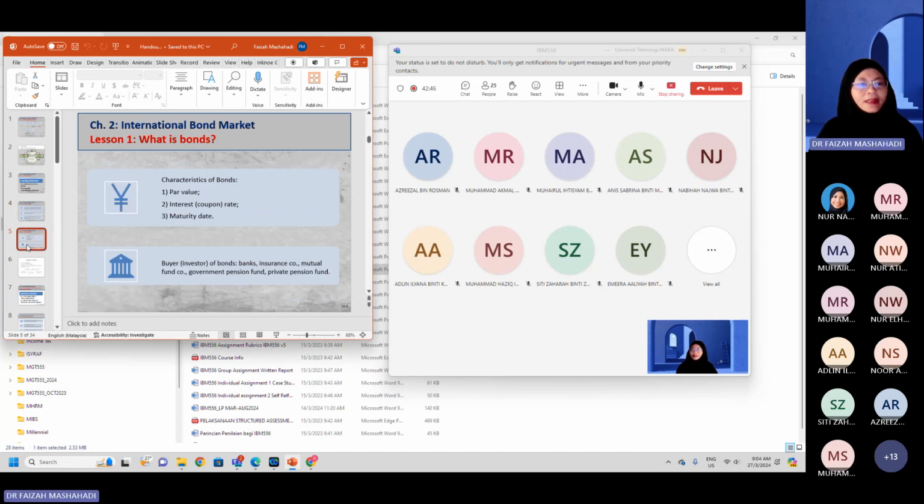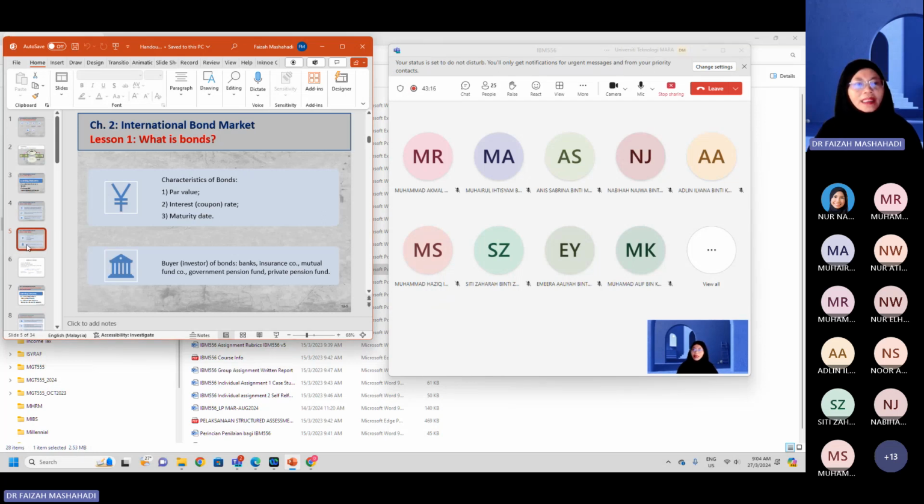These are the characteristics of a bond. I keep on mentioning, for instance, the par value, the capital. If it is 1 million, that is the par value, the amount of money needed by the deficit unit. And then the interest, as I mentioned, is the amount of money that must be paid to the surplus unit. And interest is a cost from the perspective of the deficit unit.